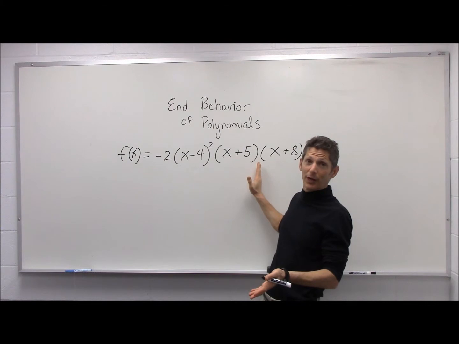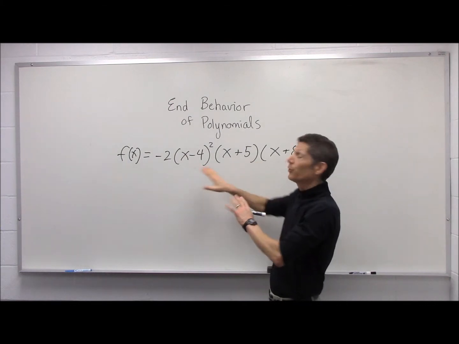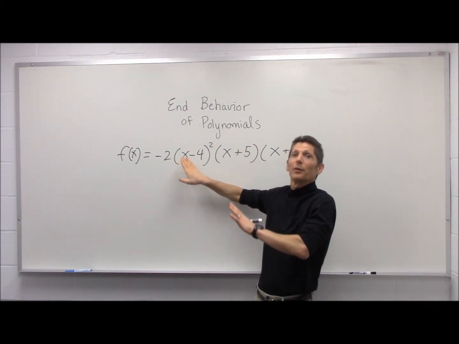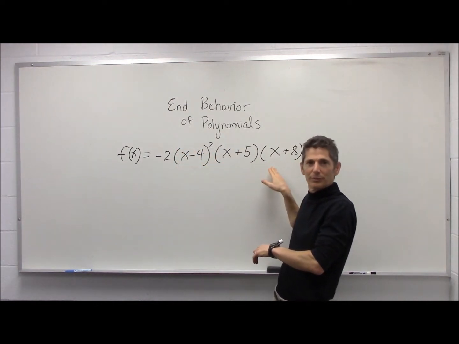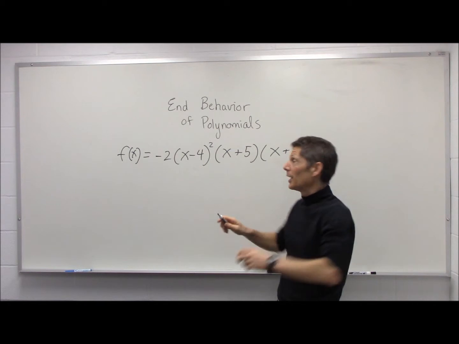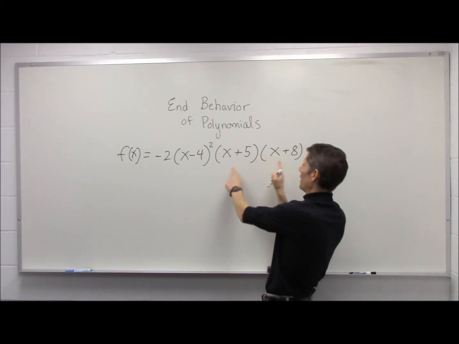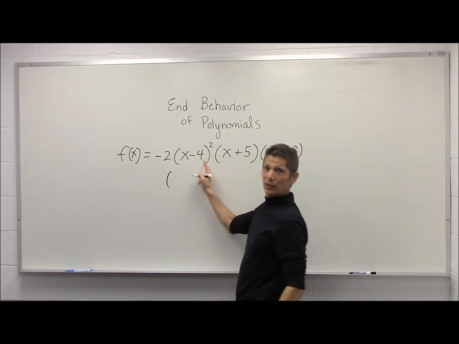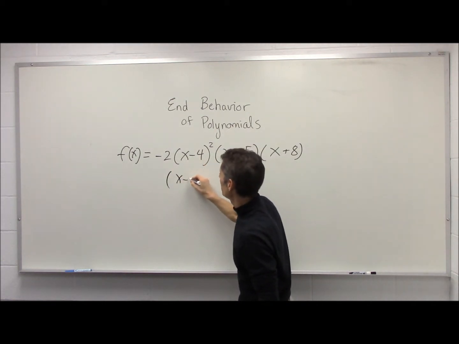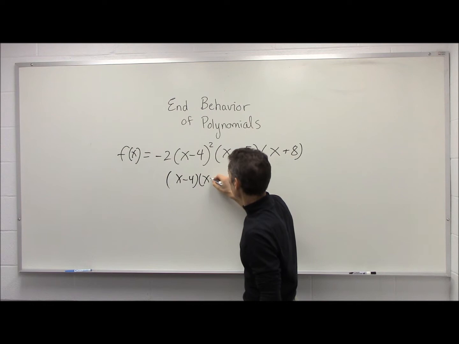As long as I'm multiplying the term with the highest exponent of each little factor. So I have an x times an x, which is x squared. This one is x minus 4 squared, which is really x minus 4 times x minus 4.